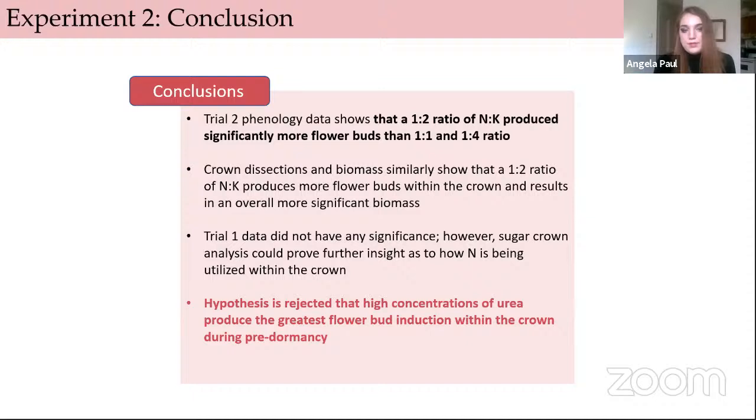And then again, trial 1 did not have any significance, which suggests that perhaps the nitrogen source and concentration is not significant on how flower buds are induced at the pre-dormancy stage for day neutral. So the hypothesis that 150 milligrams per liter of urea would produce the most flower buds was rejected for this experiment.